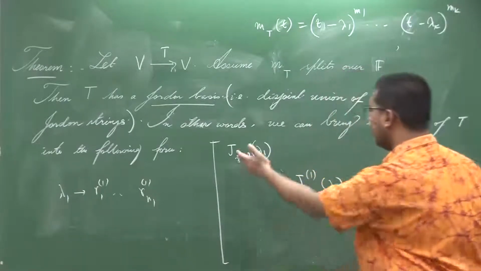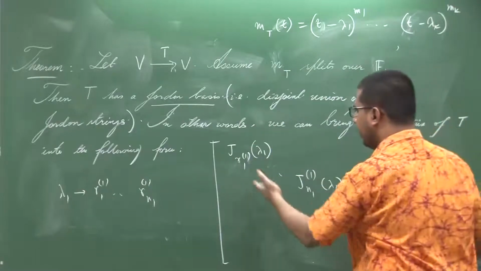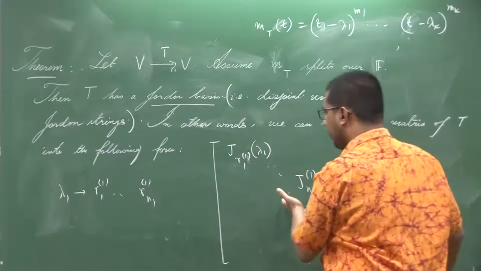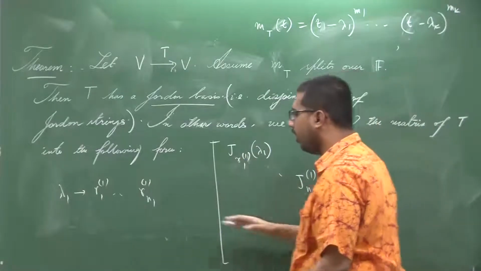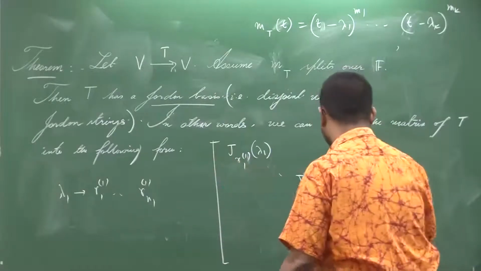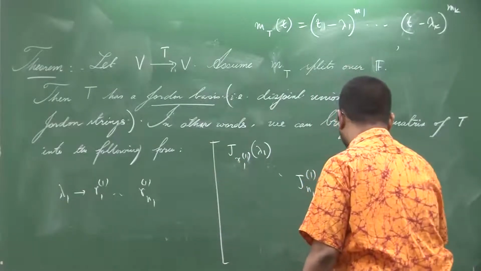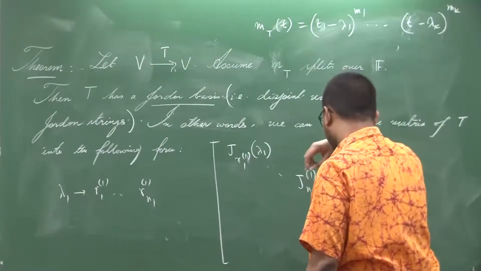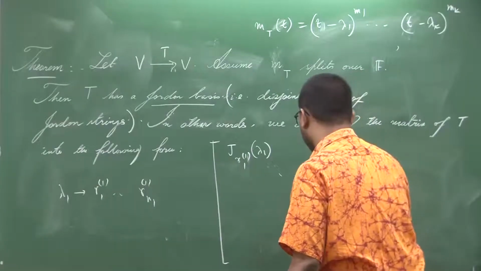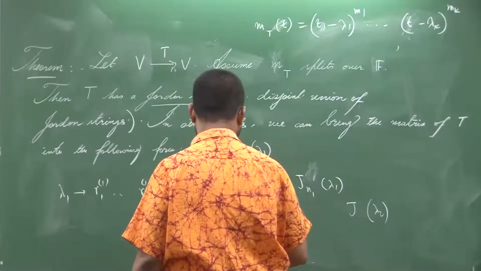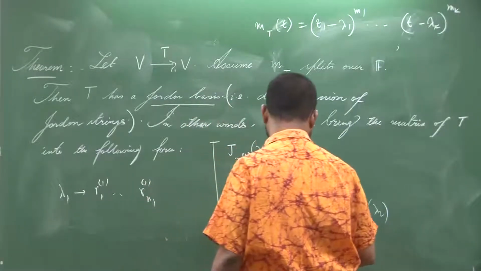So, the Jordan form is a block diagonal matrix where first I will write down the blocks corresponding to the eigenvalue lambda 1, then the blocks for lambda 2 will come up.